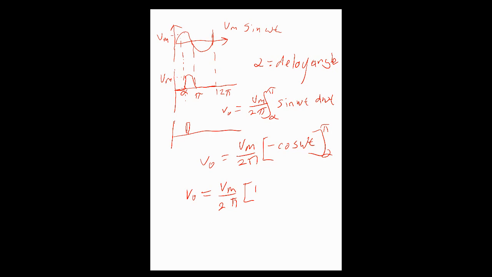Again, that's just 1, and then we have the minus there, so this is going to be plus cosine alpha.